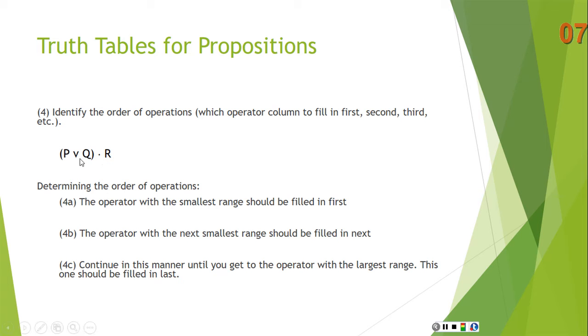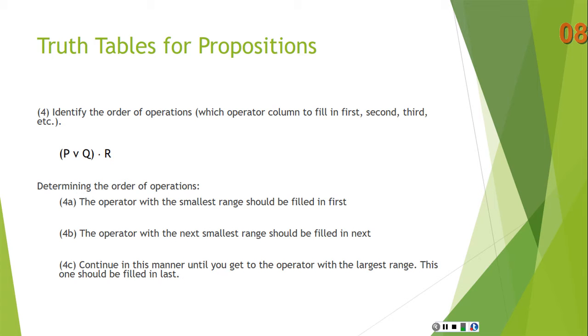It's the wedge. The wedge only covers the P and the Q, and the dot covers the entire statement. It has in its range the entire statement. So the operator with the smallest range is the wedge, so we fill in that column first. The operator with the next smallest range is the dot, so we fill in that column second. If we had more operators, we would just keep going until we got to the main operator for the statement.